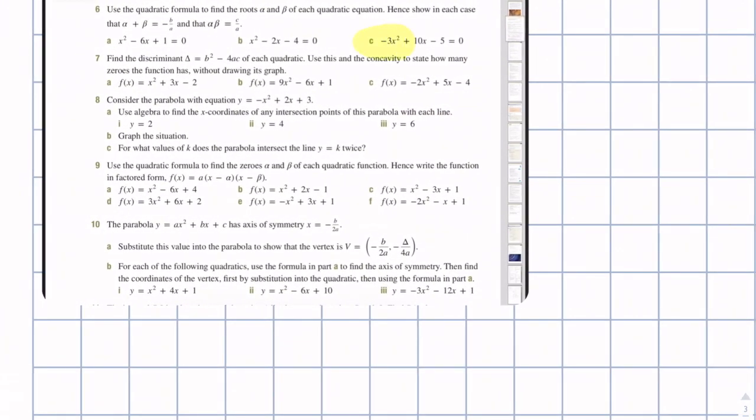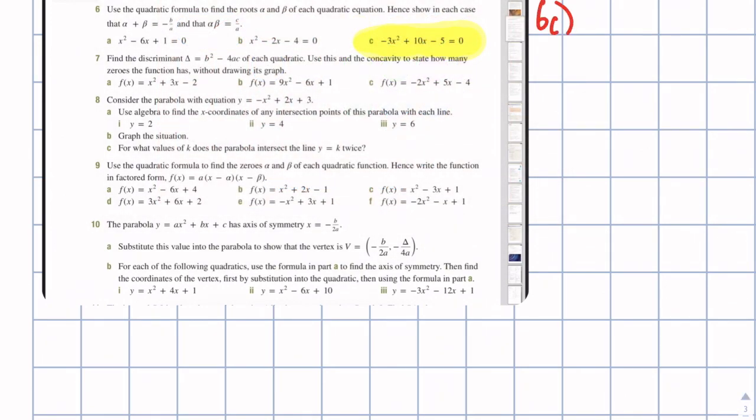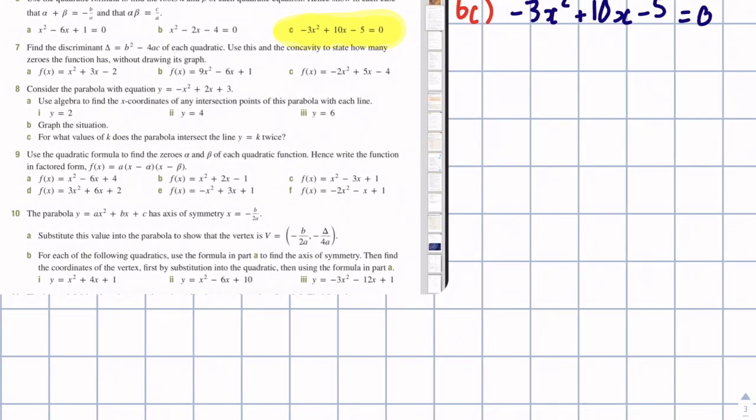So, we get these funky formulas. I'm just going to write my thing down. Minus 3x squared plus 10x take 5 equals 0. We're trying to find the roots. So, don't forget to find the roots we use the quadratic formula. Here A equals minus 3, B equals 10, C equals minus 5.